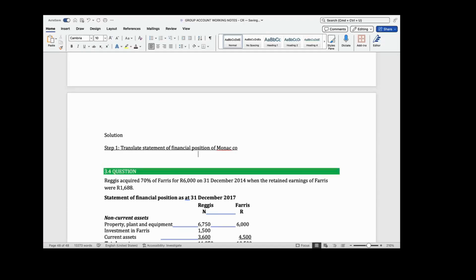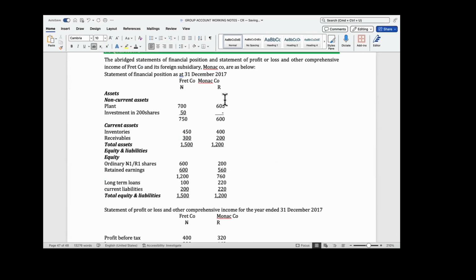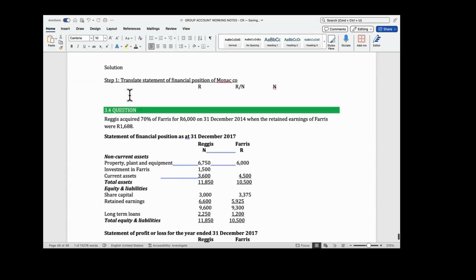We'll get the exchange rate from Monarch to Naira, then get the amount in Naira. So the first item here is plants and it's 600 in his books. So plants, and that's 600.